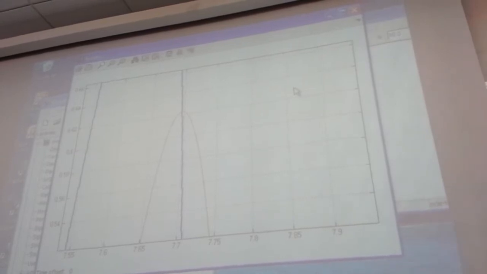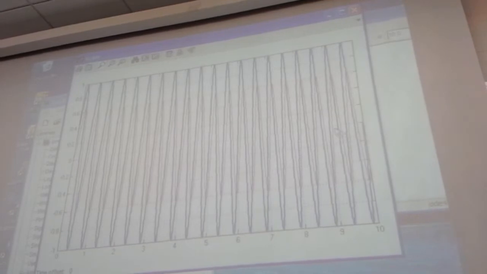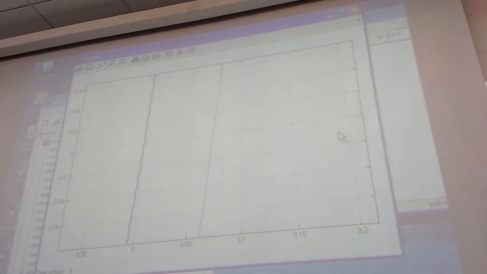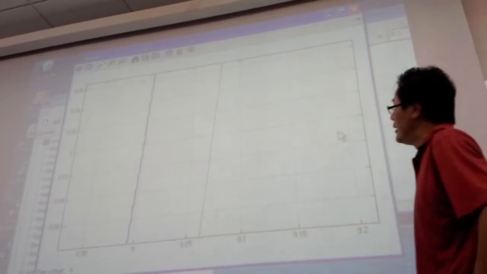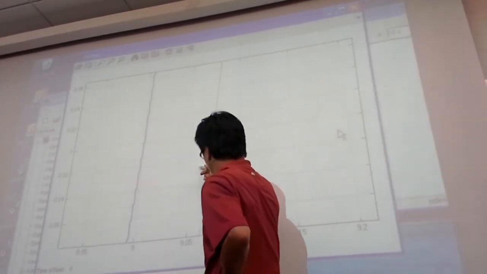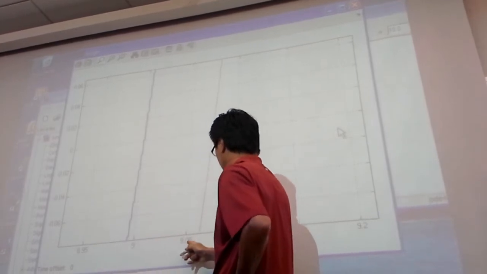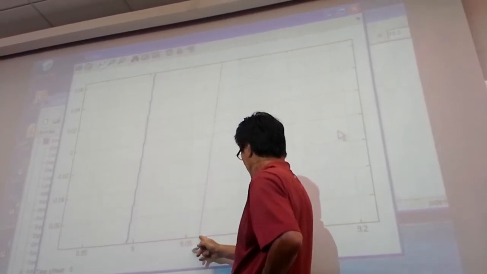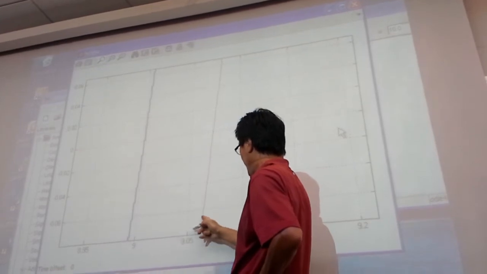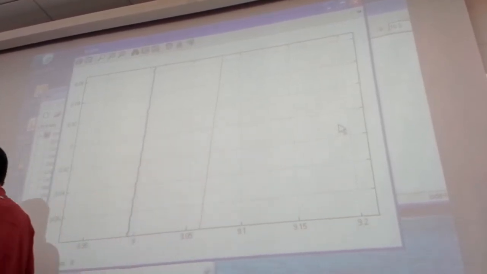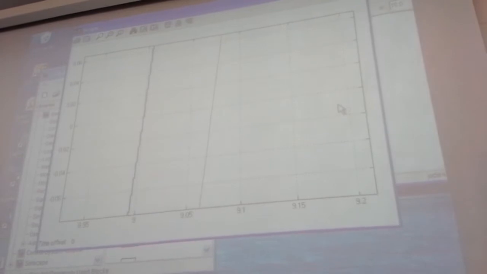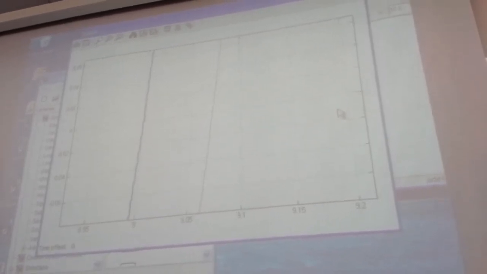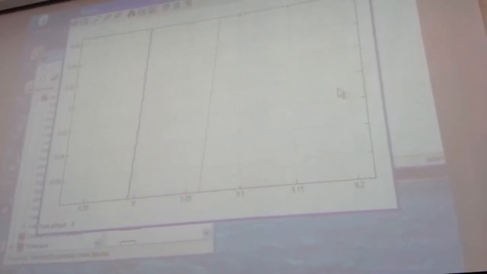How about the phase delay or time delay? Let's go somewhere here, the same thing we did before. As a rule of thumb, from about here to here it will be 0.065 seconds maybe.